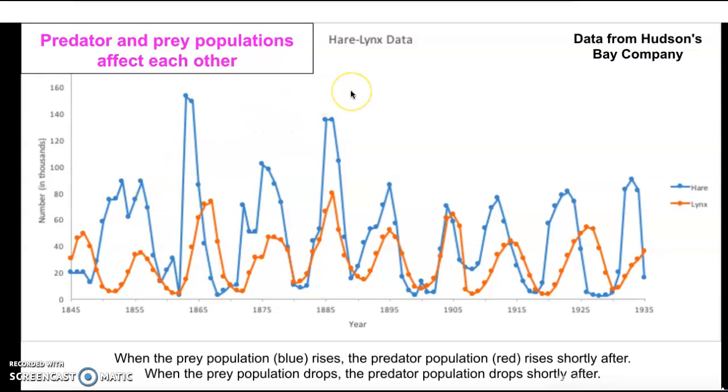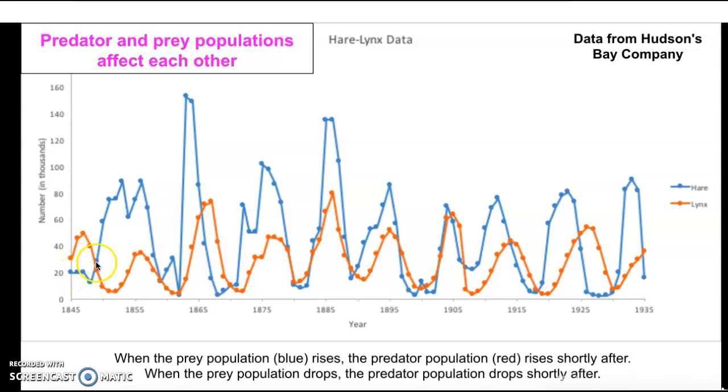So it's not exactly the population of the hare and the lynx, but it's closely tied to the population, because a higher population means they could do more trapping. The key feature about this graph is that, well, I'll start with the blue.